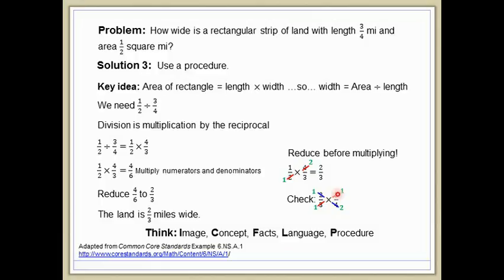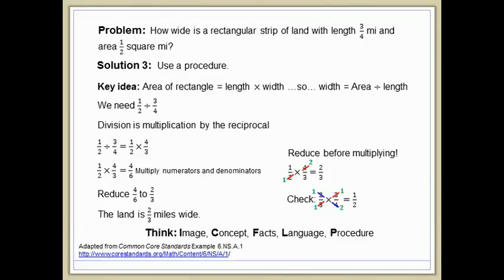Now when I multiply across, this number here is just 1, so I'm not even going to have to do this. But basically I get 1 times 1 is 1, 1 times 2 is 2, and I get 1/2, which is the area that I needed. So another place where this cross-canceling or reducing before multiplying comes in handy is in checking, and when it really speeds up multiplication of fractions.